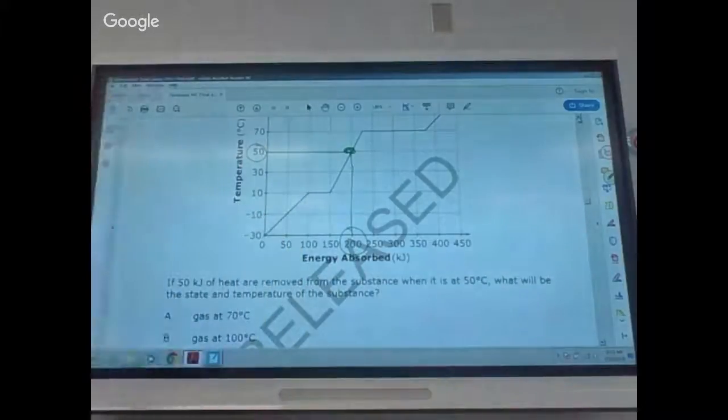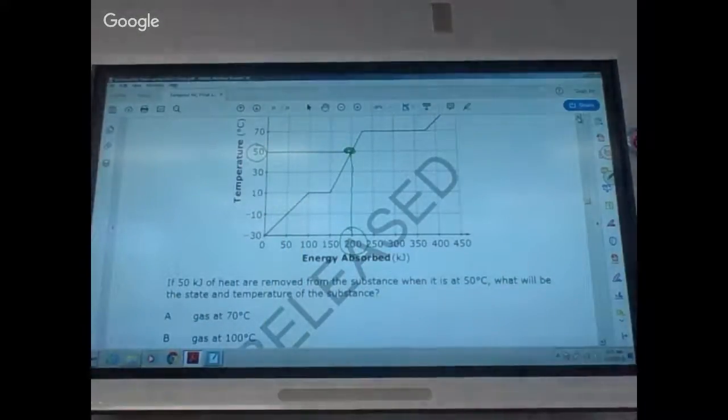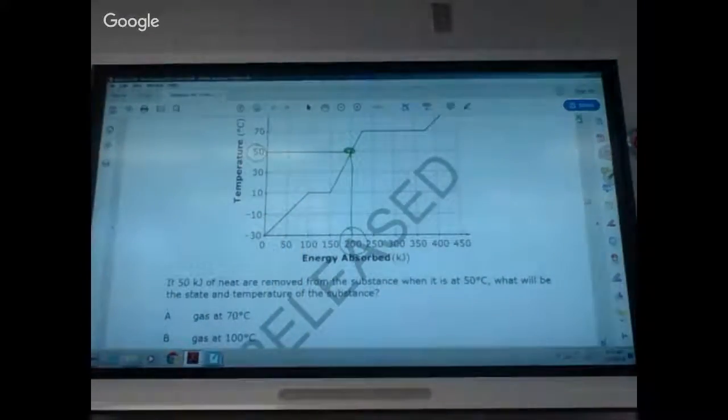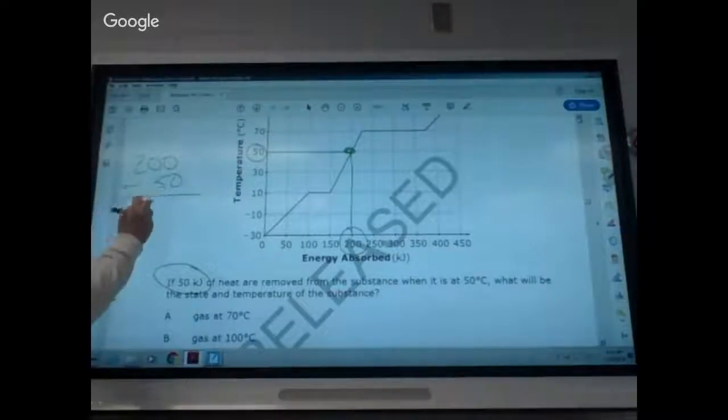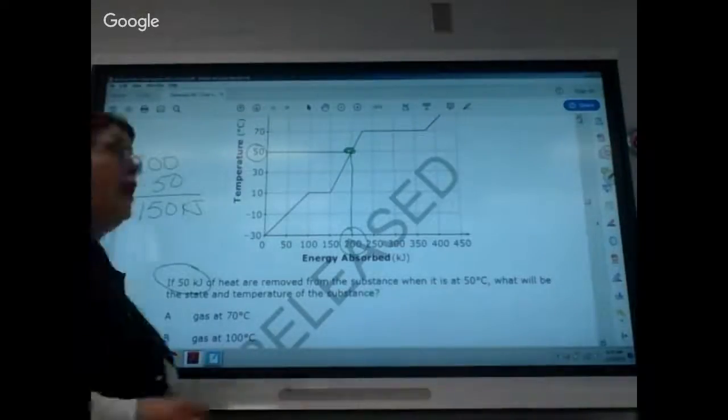I think this is the weirdest question on the test. You take 200 kilojoules, subtract the 50 kilojoules they give you in the question, and you get 150 kilojoules.